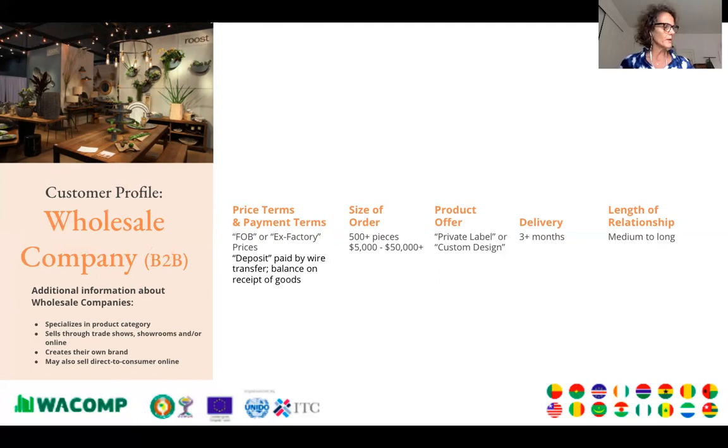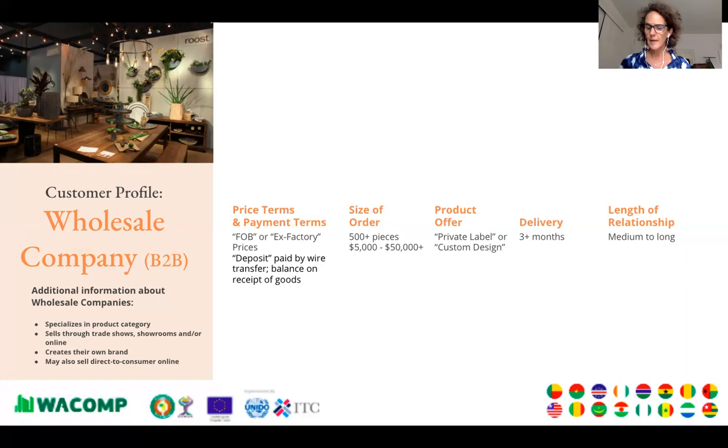In terms of your product offer, they are interested in private label or custom design. They want to understand your techniques and materials and motifs so that they can work with you to develop their own unique and exclusive product that is sold under their brand. Delivery time is longer, long enough that you can produce their order. It's usually 3 or more months.